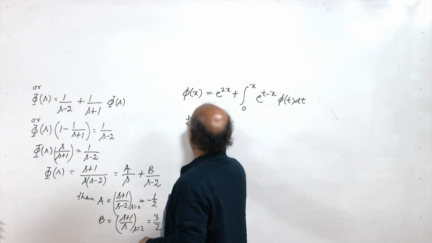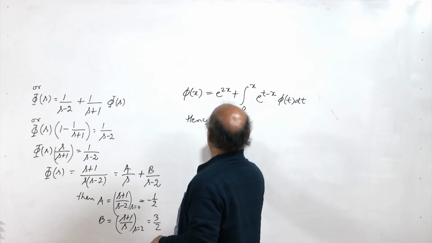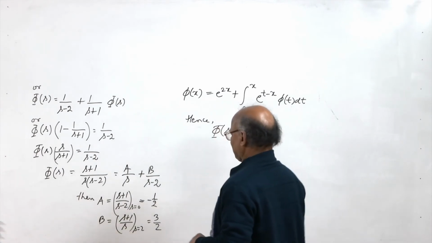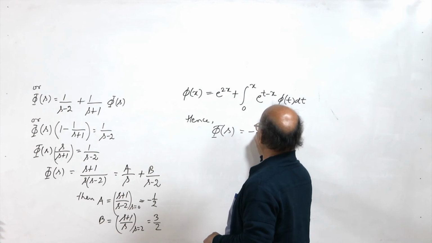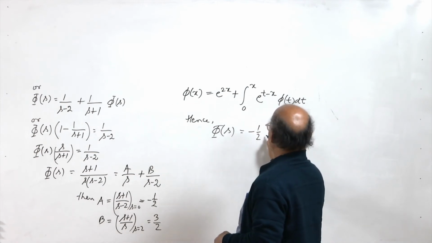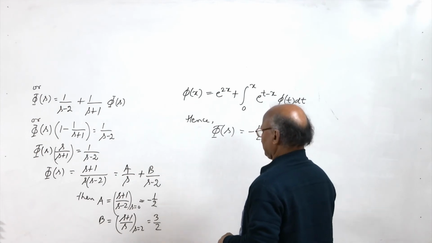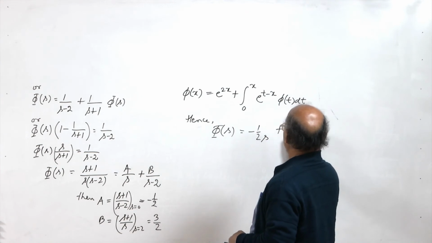Hence phi s is equal to minus 1 by 2 into 1 over s plus 3 by 2 into 1 over s minus 2.